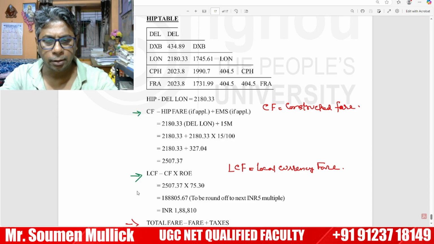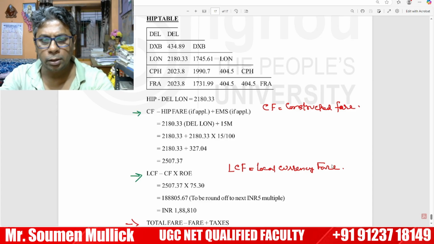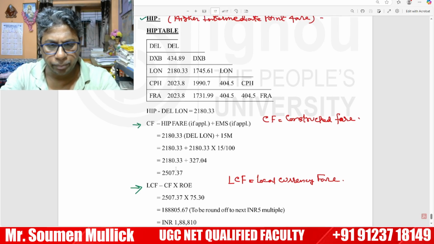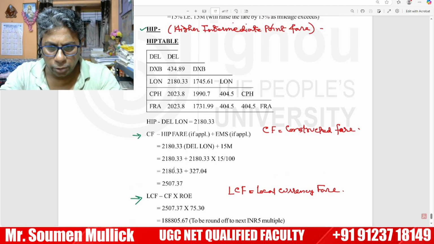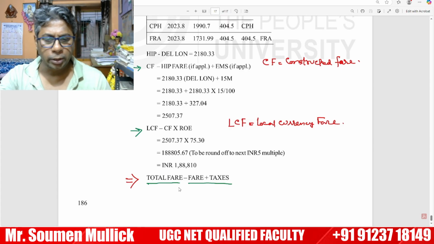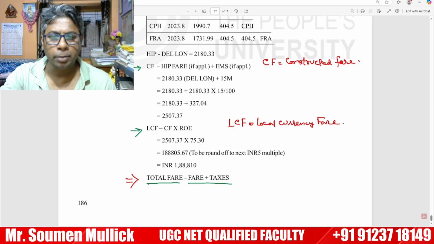Then we will get the LCF, the local currency fare, by converting the construct fare, and we will get the total number. The total fare is based on fare plus taxes.